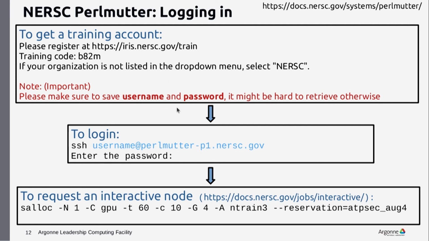Please save that. Don't close the window. After that, just follow these steps to log in to Perlmutter, and we can go from there. Just take about 10 minutes or so. How many of you already have accounts on Perlmutter from training? Okay, most of you. Then let's skip this step. You can log in.